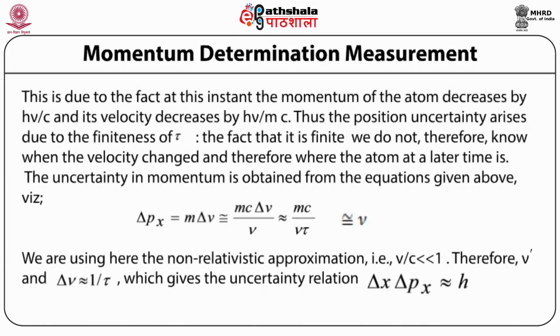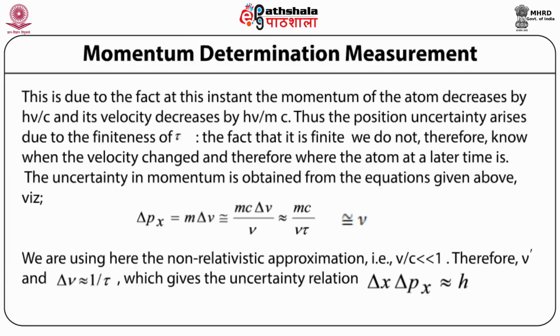This is due to the fact that at this instant, the momentum of the atom decreases by h mu by c, and its velocity decreases by h mu by mc, where h is the Planck's constant, mu is the frequency of the photon emitted, and c is the velocity of light, while m is the mass of the atom.